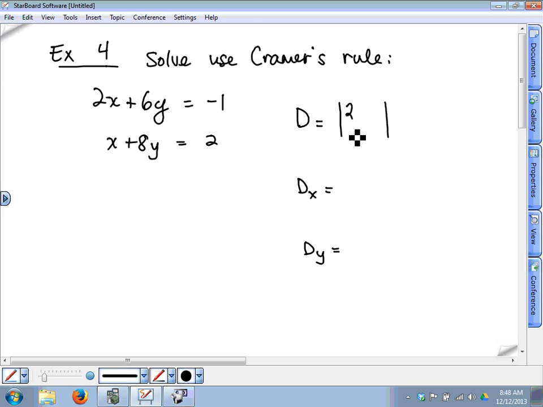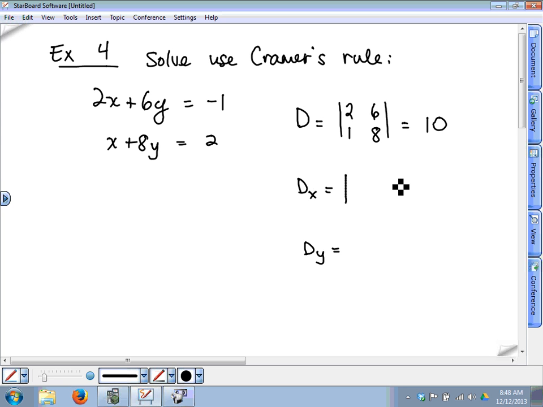So we're going to have a 2, a 1, a 6, and an 8. What is that determinant? 16 minus 6, which is 10. Okay, now we move on.